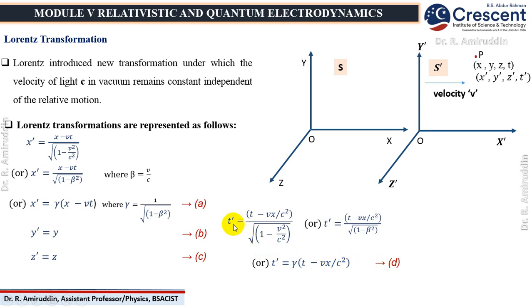Let us label these equations as A, B, C, D. So these equations represent the modified transformation equations introduced by Lorentz for the system S which is at rest and S prime which is in motion.